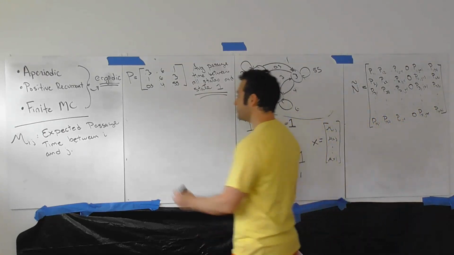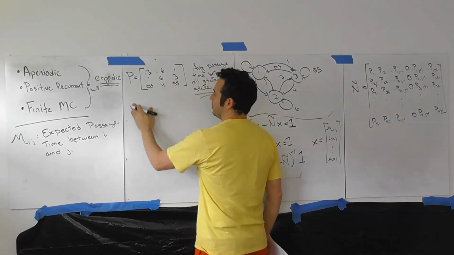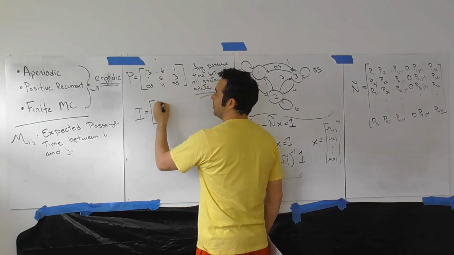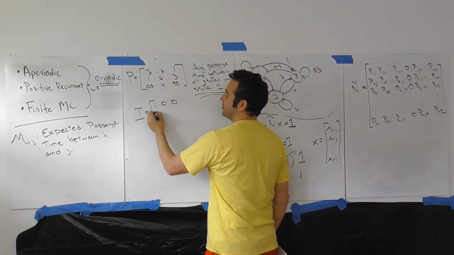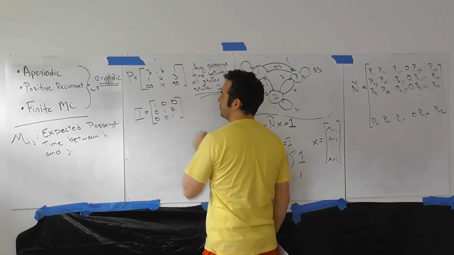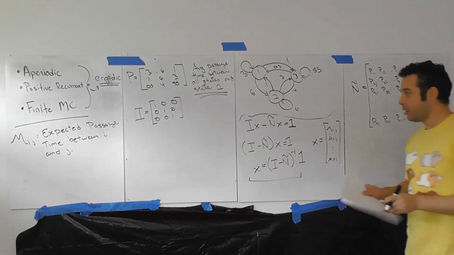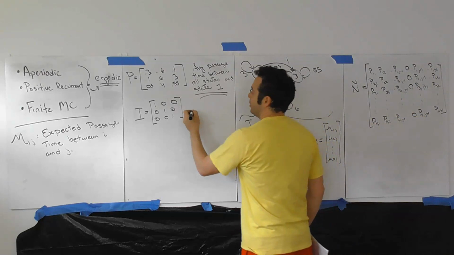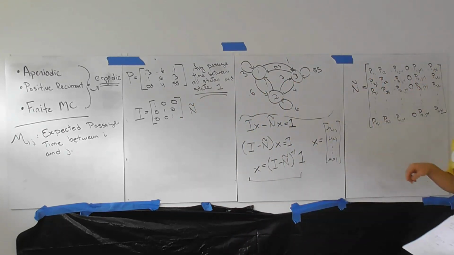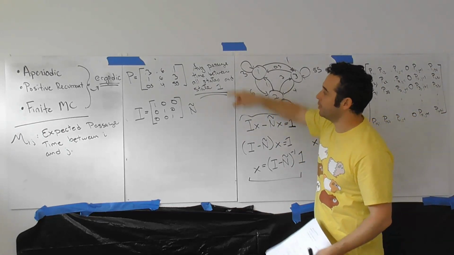All right, so here, I is just going to be the identity matrix of the same size as P. Okay. Now this N tilde, all we have to do is replace the column of the state we want to go to with 0. So in this case, we want to go to state 1.